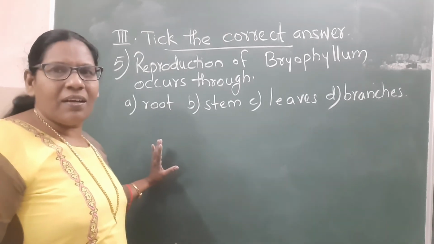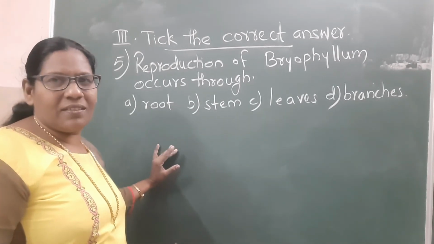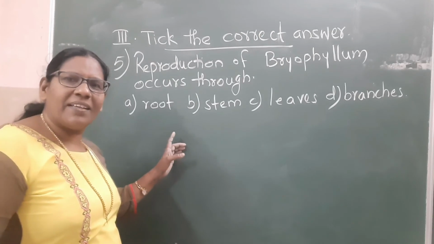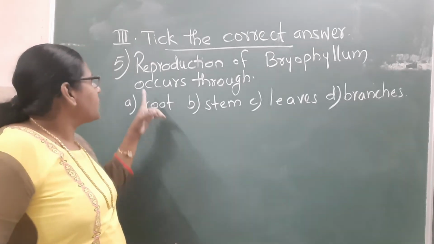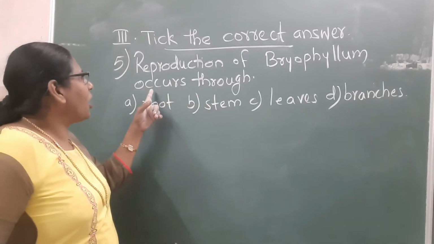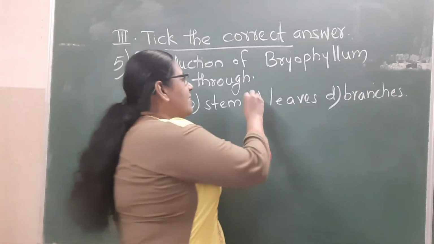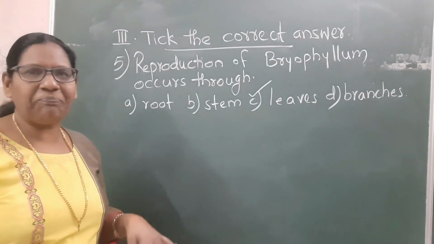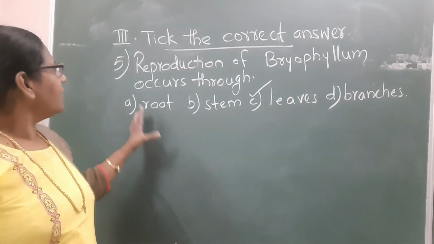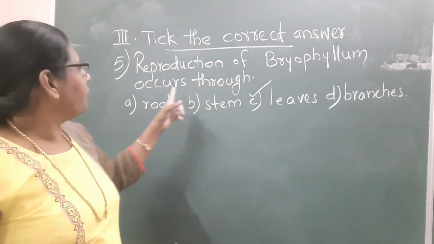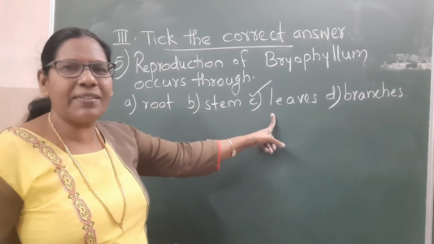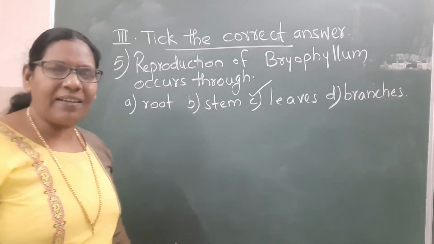From these buds the new plants will grow. So reproduction of bryophyllum occurs through leaves. Option C is the answer.